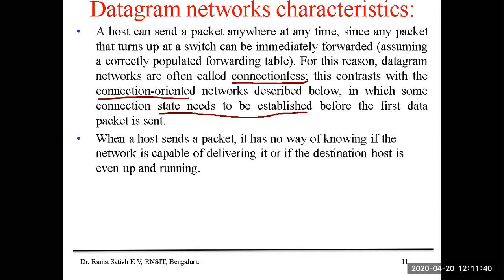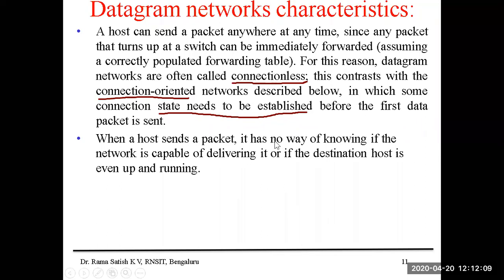When a host sends a packet, it has no way of knowing if the network is capable of delivering it, or if the destination host is even up and running or not. Whether the destination host is available or not, it will never bother. It will just forward it to the next available link based on the routing table or the forwarding table.